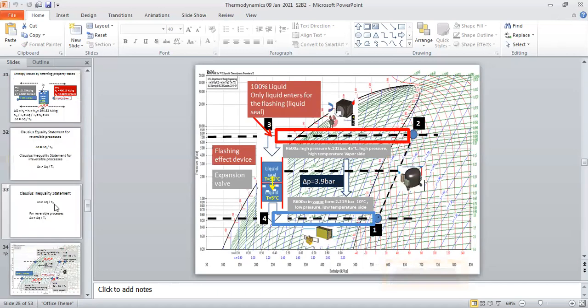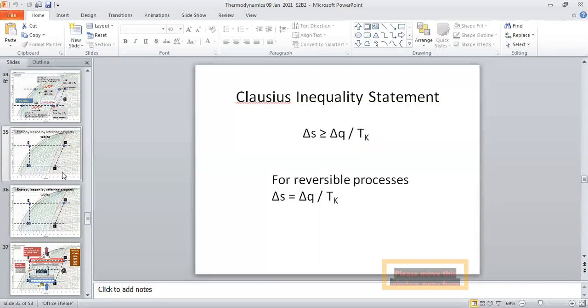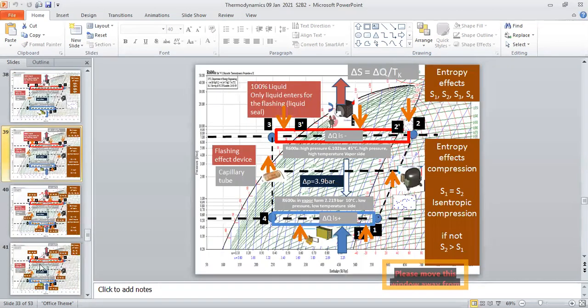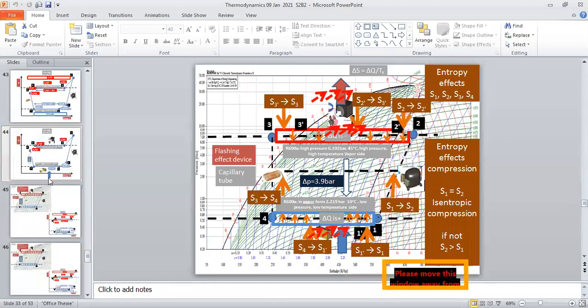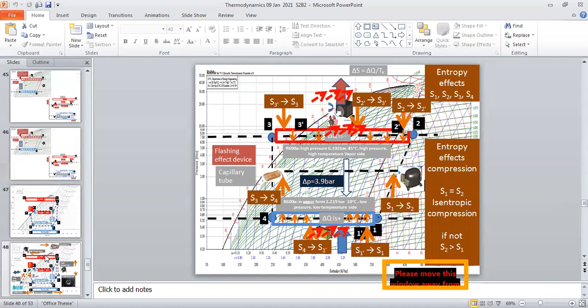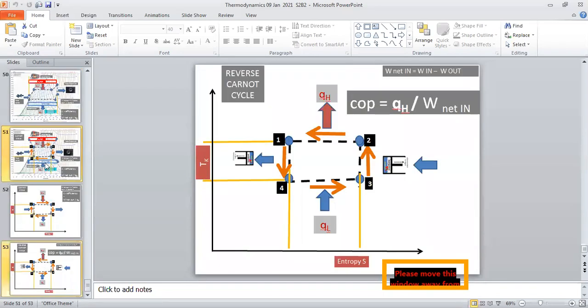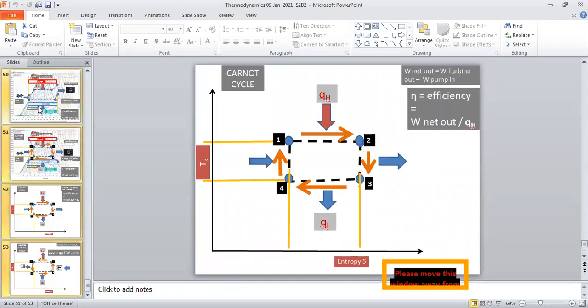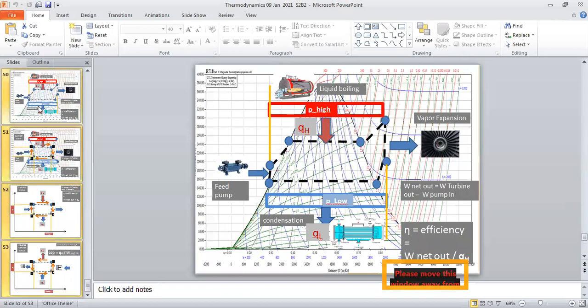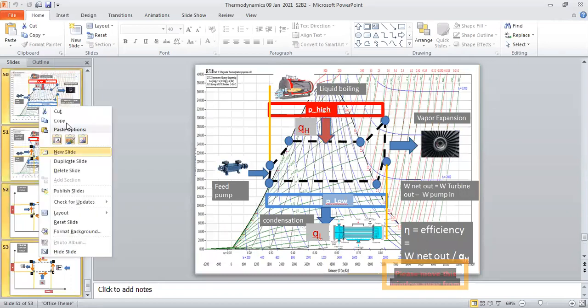See, we talk about entropy and all. Copy.